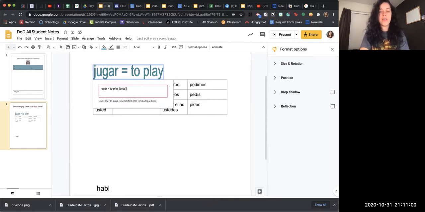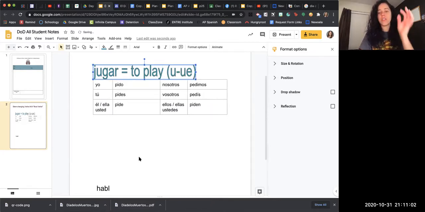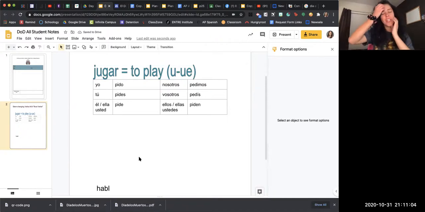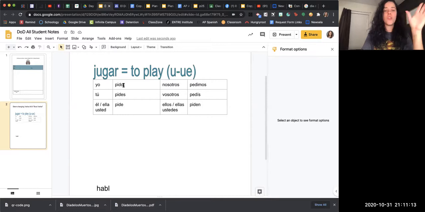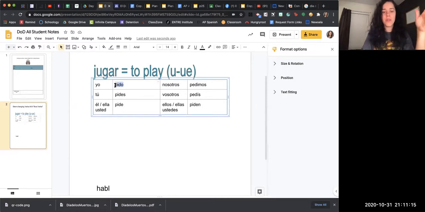And the reason why we don't even teach it as a group of stem changers is because the only verb in the entire language of Spanish that stems U to UE is jugar. Okay, so no point of making a group. It's the only verb, but we're going to go ahead and do it so you can see it happen.